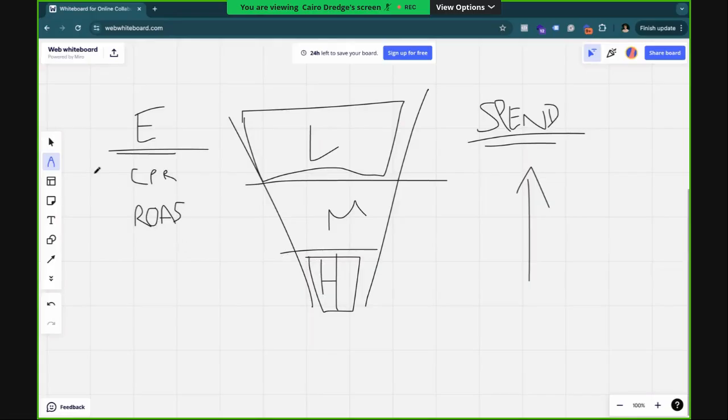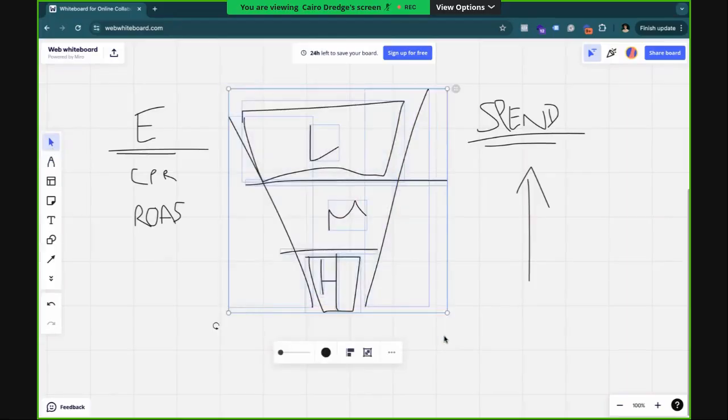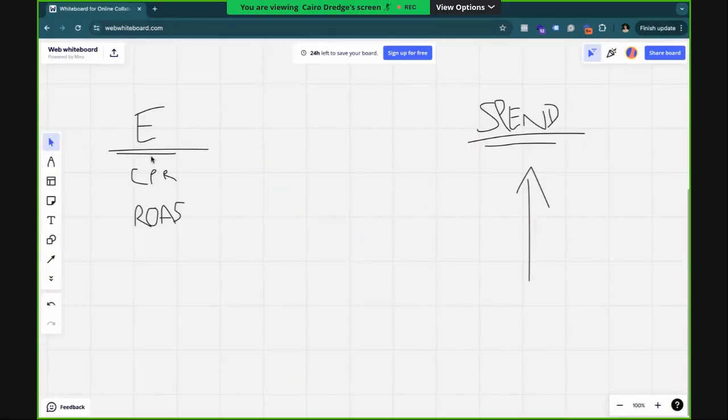Okay, and so that's why efficiency goes down the more we spend. But also consider this: let's say we're spending $100 a day.